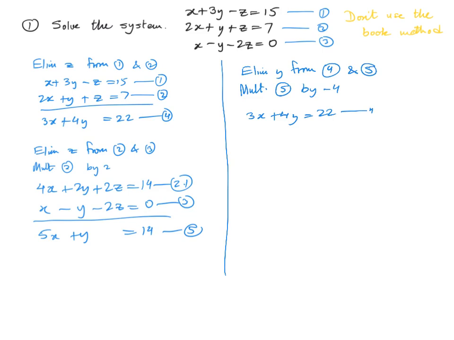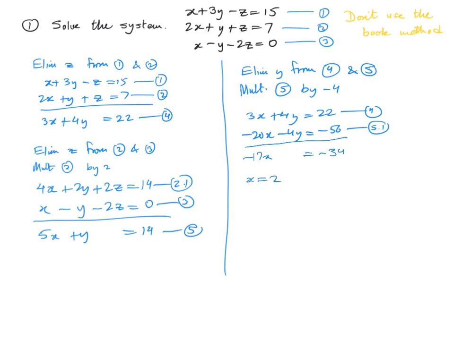That's equation 4. And then negative 20x minus 4y equals negative 56. That's equation 5.1. And now I add these together and get negative 17x equals negative 34, and I can therefore get x equals 2.